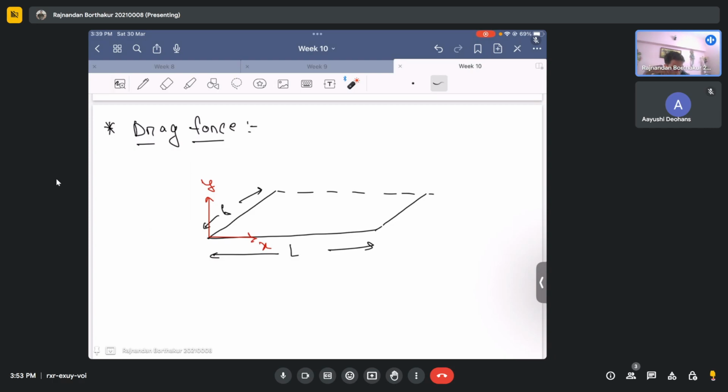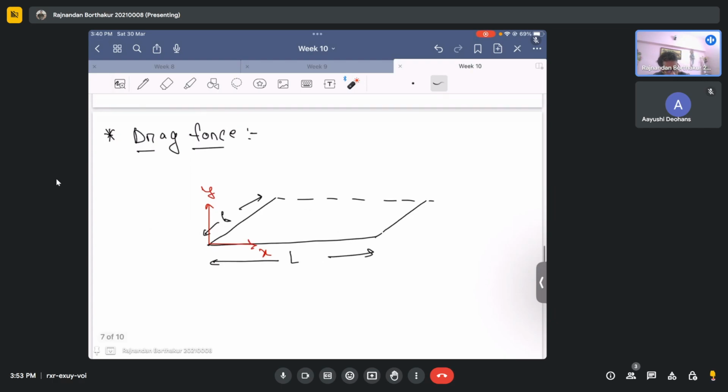Okay, which means I need to now evaluate basically the wall shear stress. And if we now evaluate the wall shear stress, that wall shear stress is sufficient for us to give us basically the shear drag, as you said.